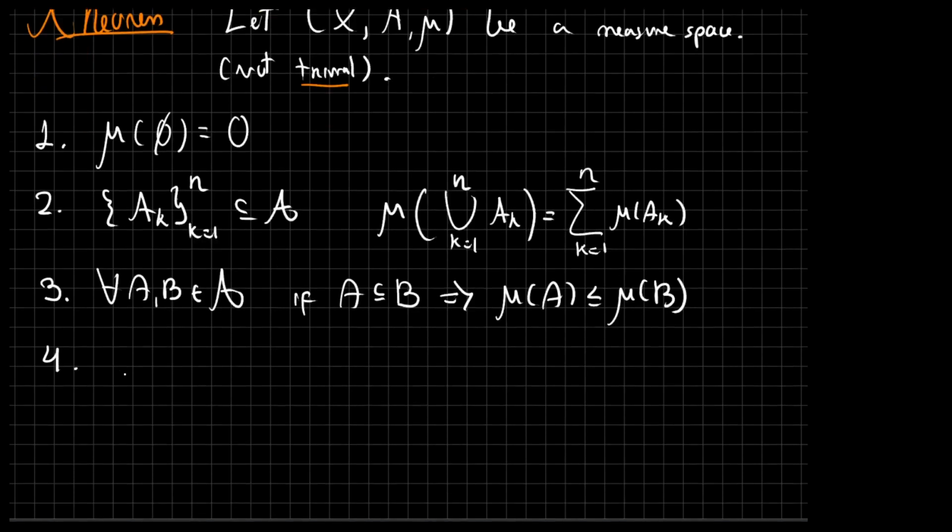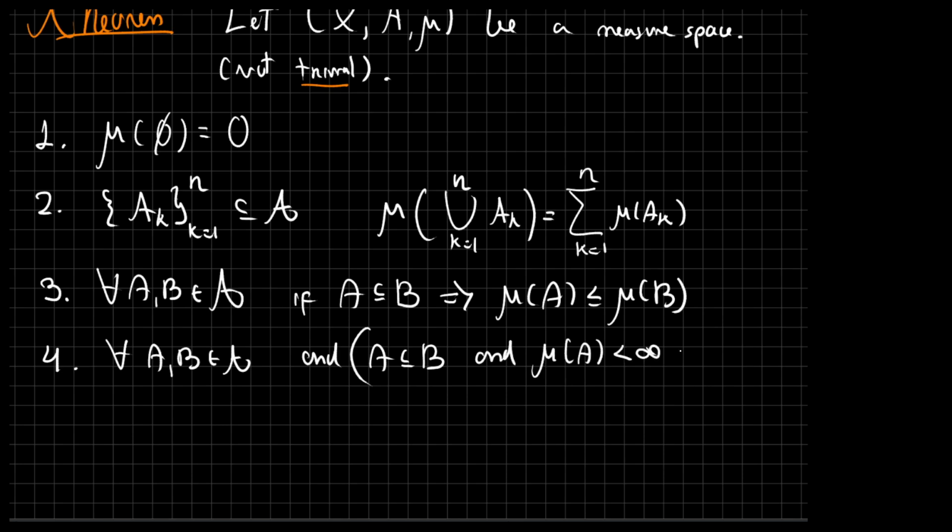And lastly, the fourth is that if, once again, you have two elements in the sigma algebra, and one is a subset of the other, and the measure of the smaller set is finite, then this happens.